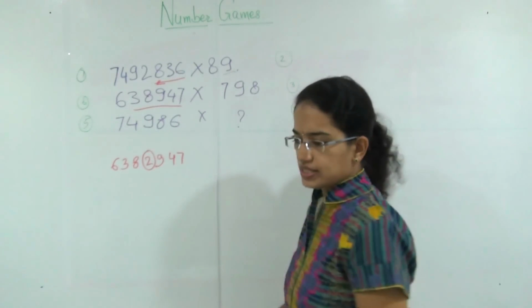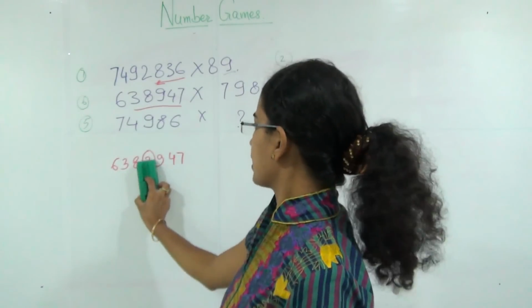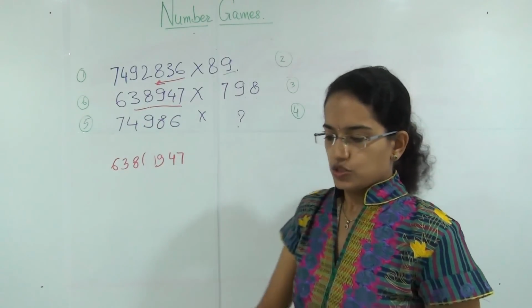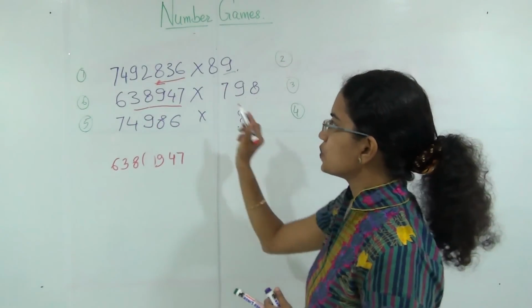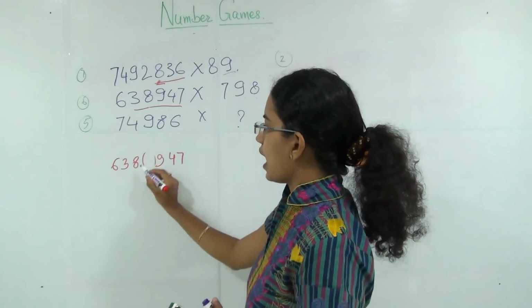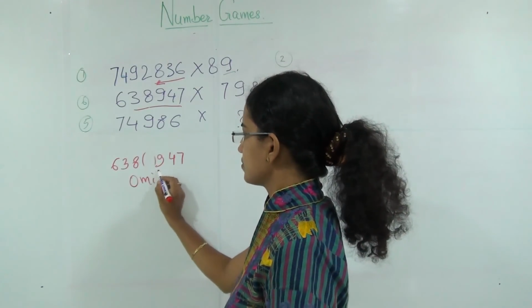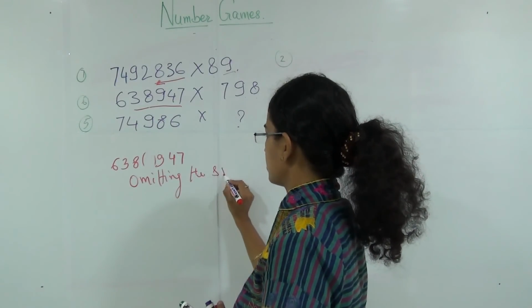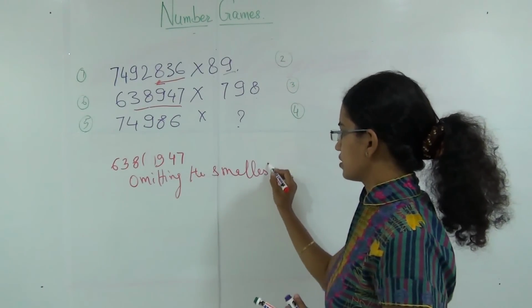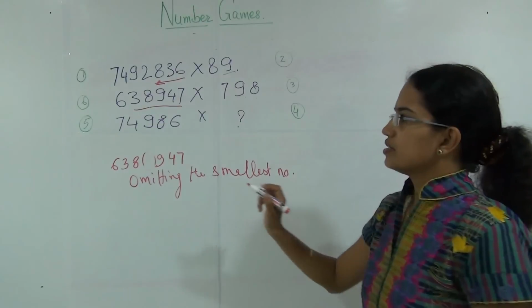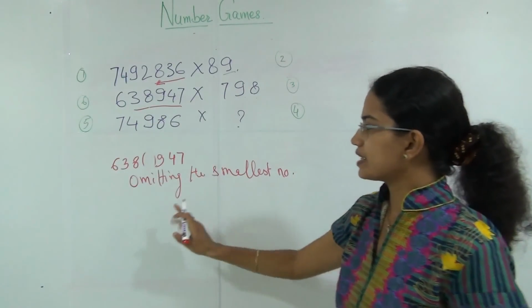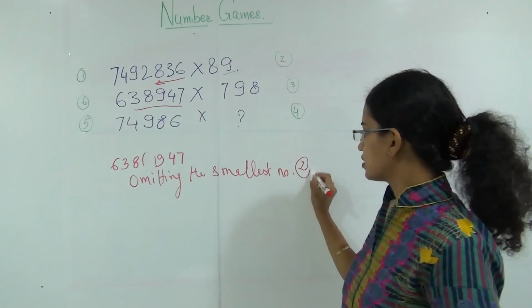If I remove this 2 from here, it would become exactly the same number as this. So what we are doing here is reversing the digits and omitting the smallest number. I reversed all the digits and omitted the smallest number, that is 2.